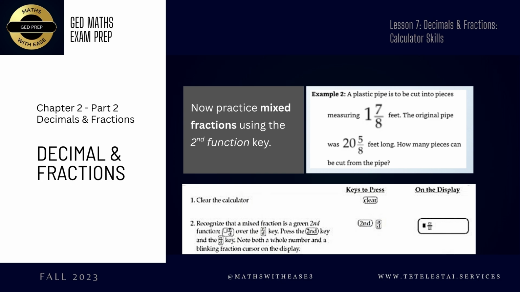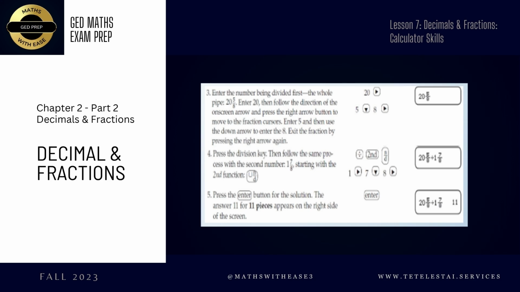Then you're going to just move across your mixed fraction formula using your cursor keys. So your cursor will be blinking next to the whole number variable. So you want to start by entering 20, and then press the right arrow to navigate to the numerator.